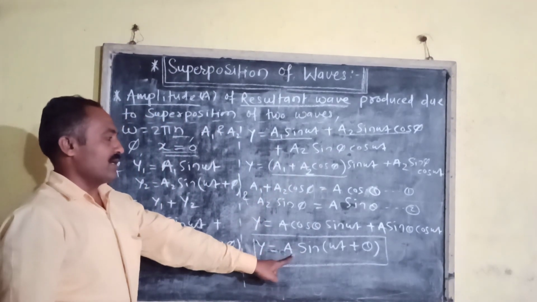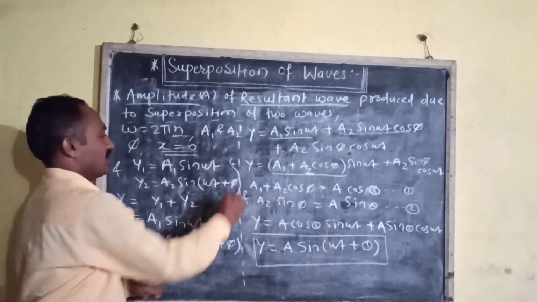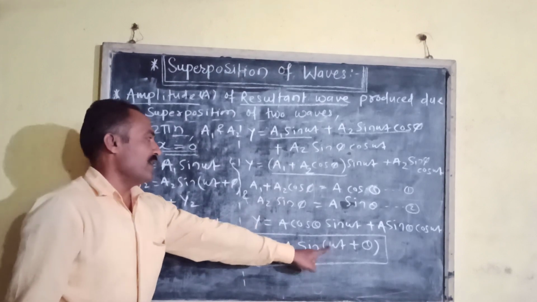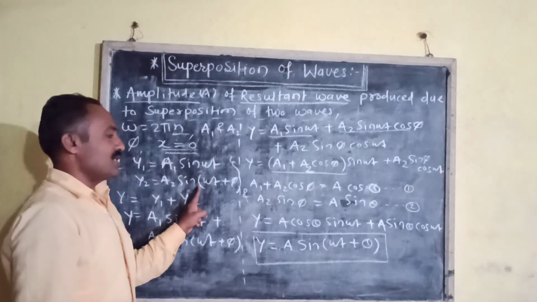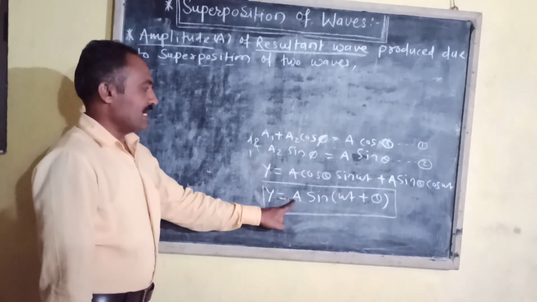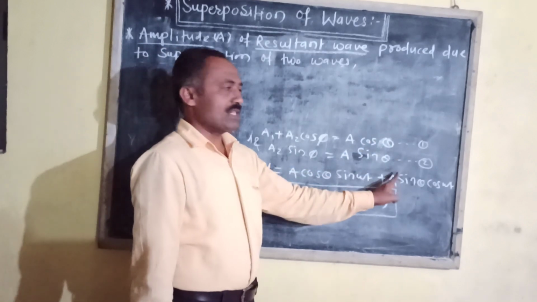If we compare this equation with the initial equations, the resultant wave also has the same frequency as that of the initial waves. The amplitude of the resultant wave can be found by squaring and adding equations 1 and 2.